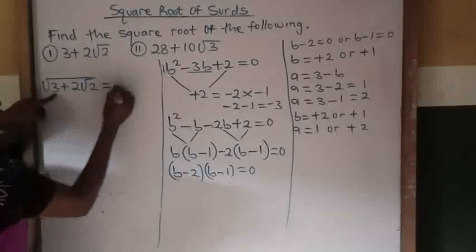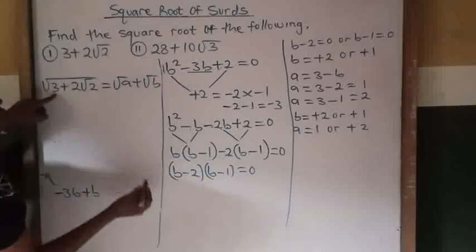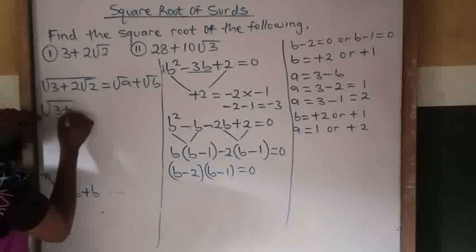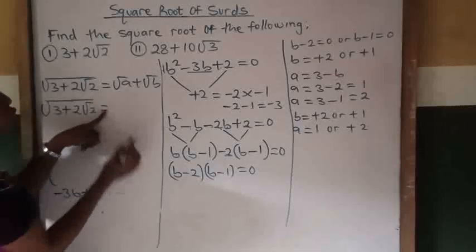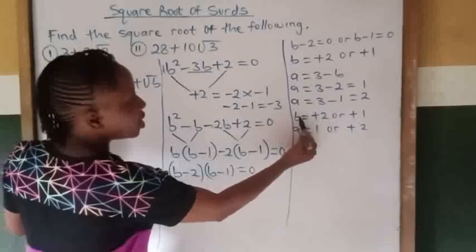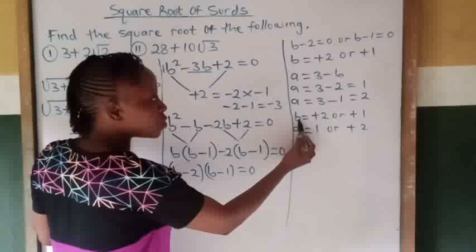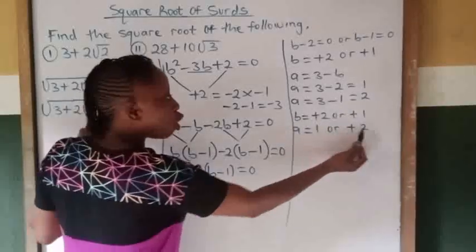So we have two terms, that will be root a plus root b. So the square root of 3 plus 2 root 2 will now be equal to, so what is the value of a? The value of a is equal to the value of b, because b is equal to 2 or 1. Then a also equals 1 or 2.